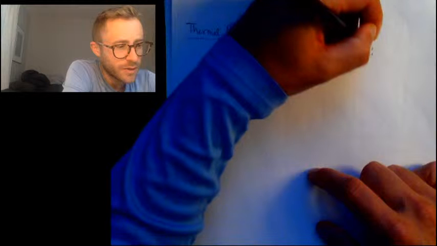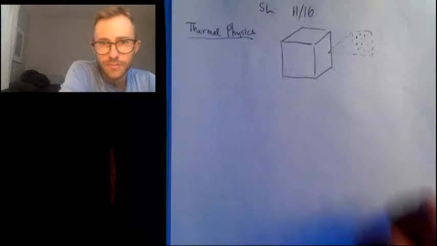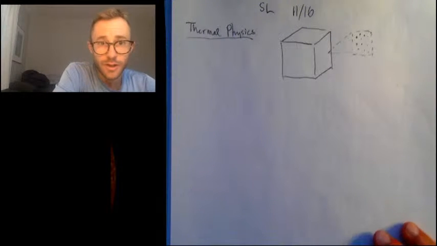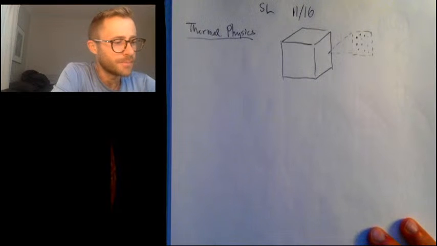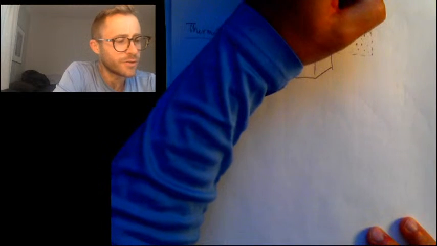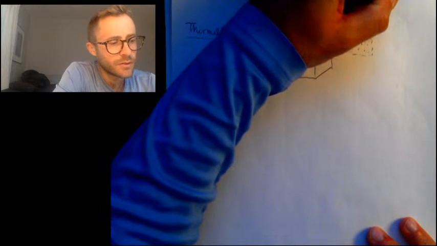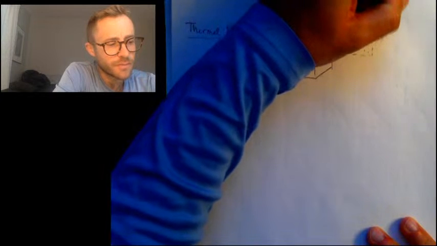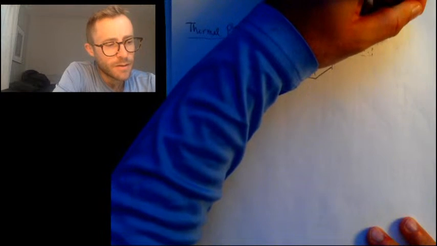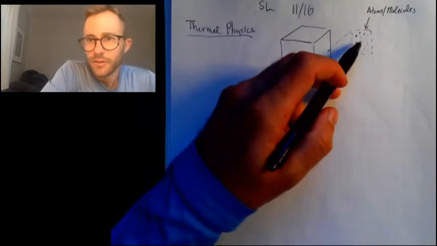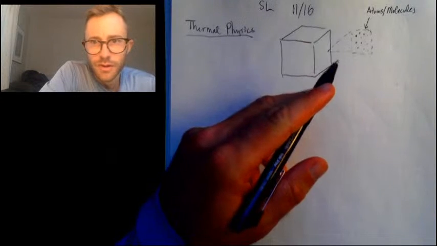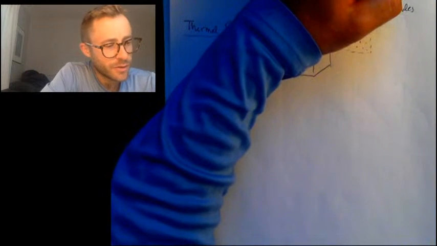A molecule is multiple atoms bound together. All right. And those atoms and molecules are interacting with each other.